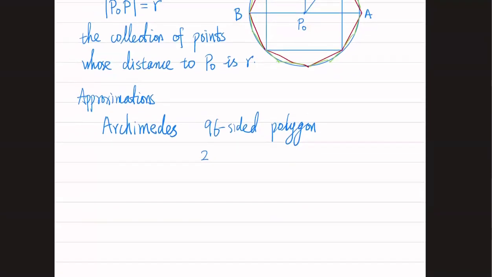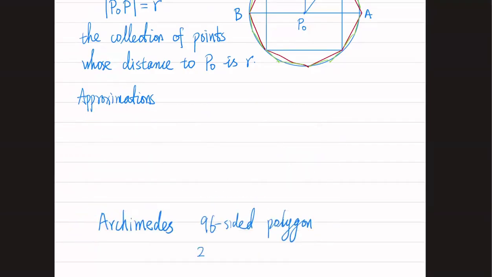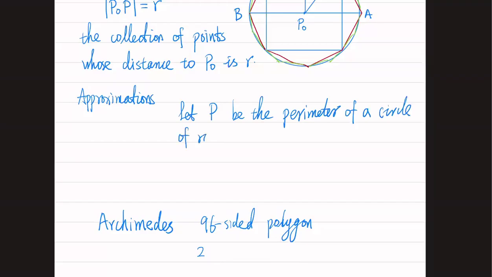We'll do this later. Let's first introduce the notation that we need for this. Let P be the perimeter. Circle of radius.